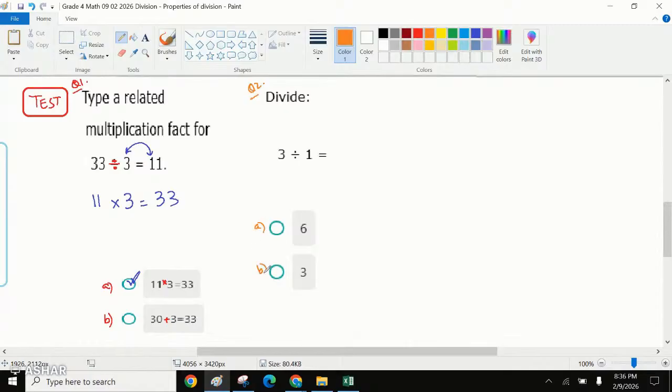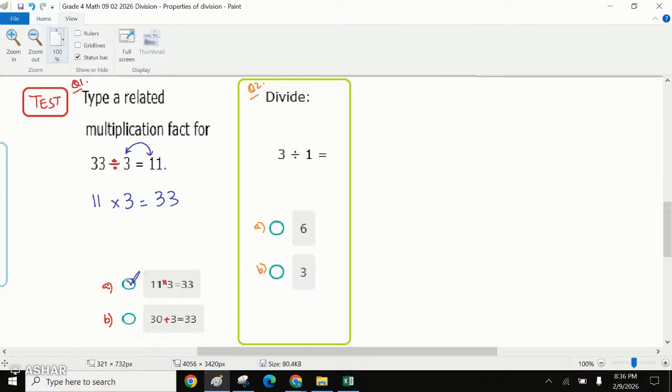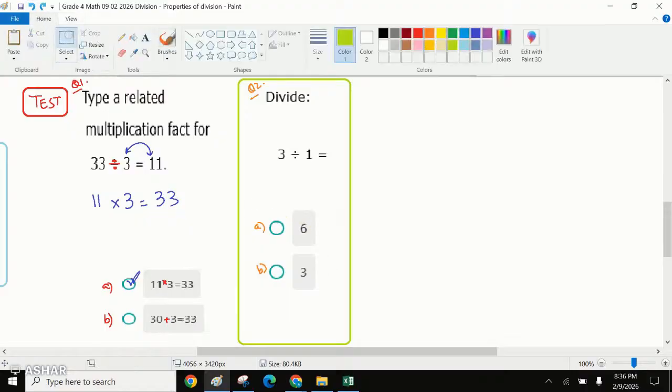Option A, option B. We know that whenever a number is divided by 1, does it change or does it stay the same?